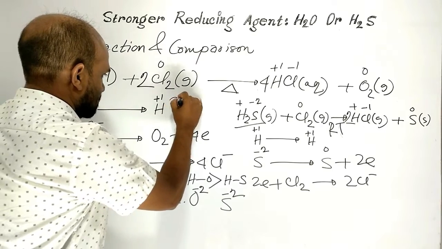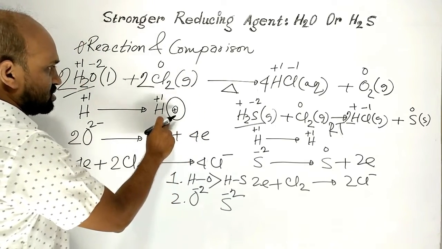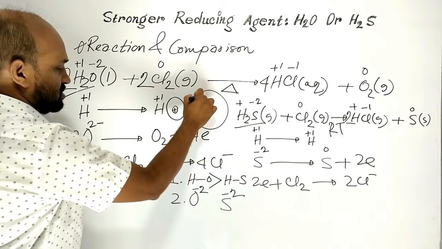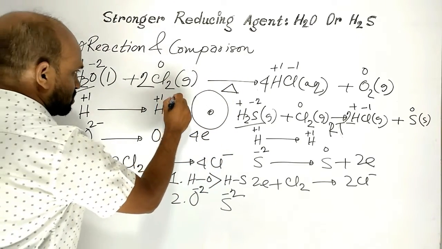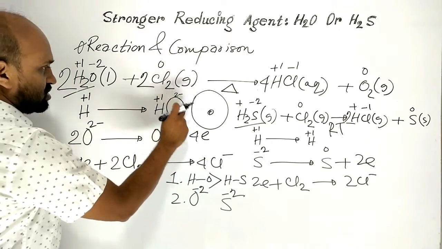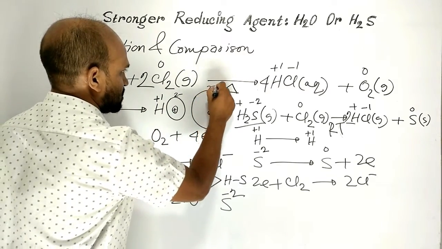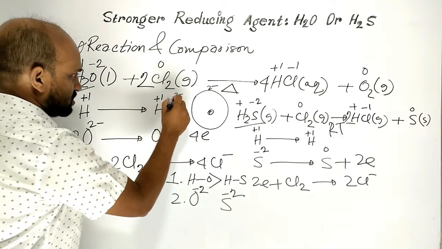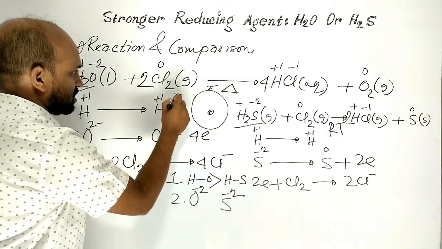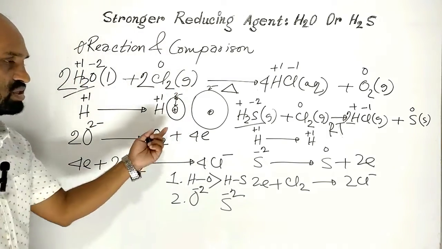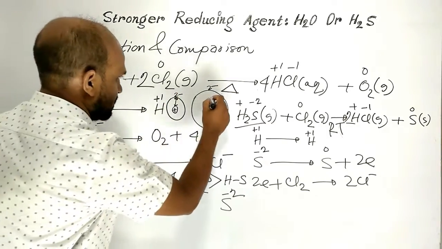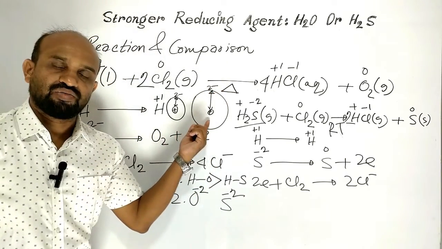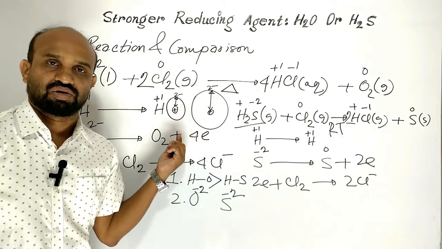Oxygen, which is smaller in size, but sulfur, which is larger in size. Oxygen with two negative charge, sulfur with two negative charge. Here, in case of oxygen, distance between nucleus and electron cloud is lower than in case of sulfur, because sulfur atom is larger than oxygen atom.